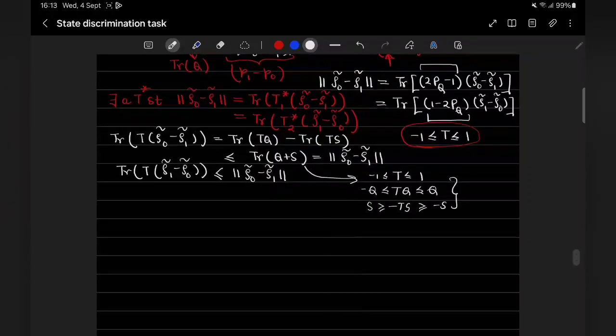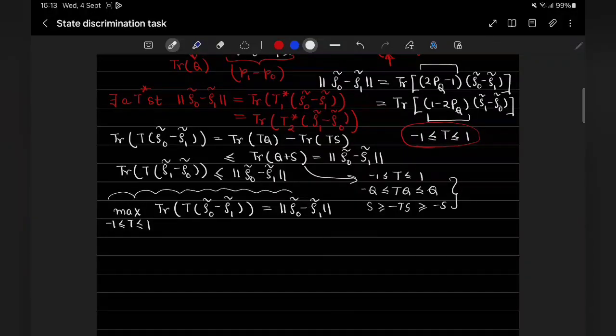So with this, what we have shown is the max over t between minus 1 and 1 of trace of t times rho 0 tilde minus rho 1 tilde is equal to the norm, the trace distance between rho 0 tilde and rho 1 tilde. So this is what we have shown.